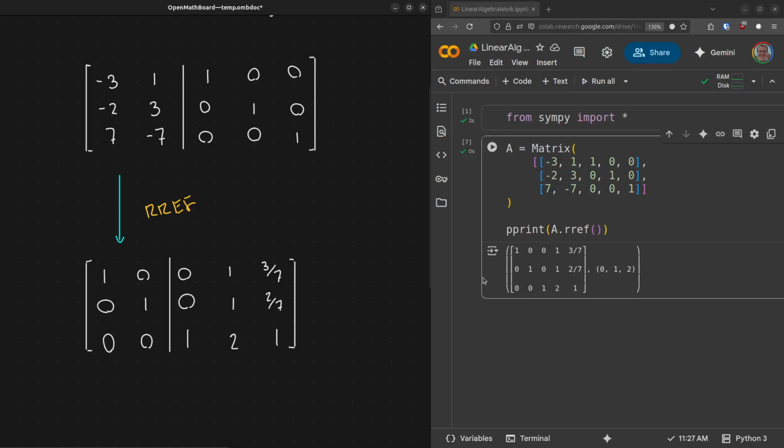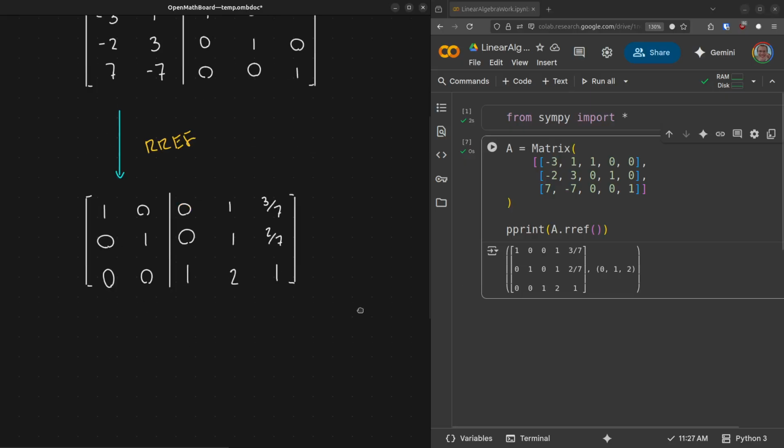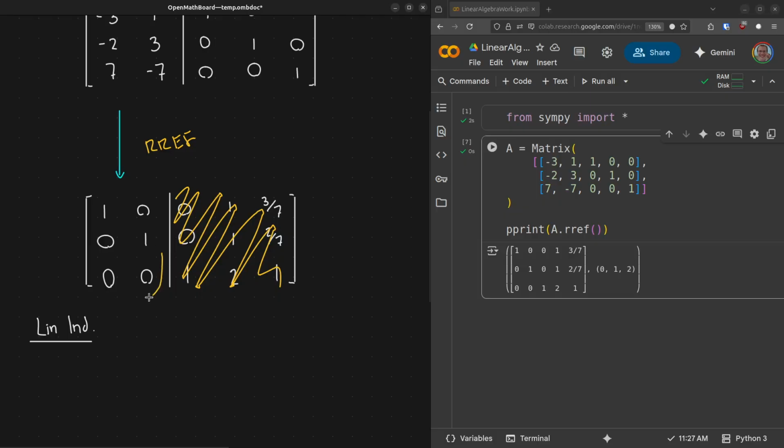All right, so let's take a look at this. Let's first determine if the vectors are linearly independent. So for linear independence, I don't care about any of this. I just want to know, if I had 0, 0, 0 in the augmented part, would I have only one solution or would I have infinitely many solutions? And I know I have at least one solution: x equals 0, y equals 0, right?